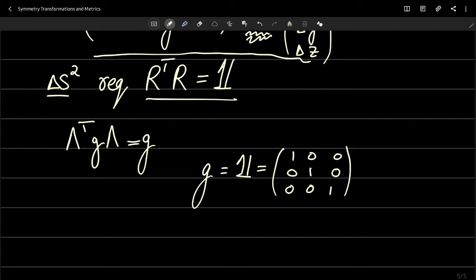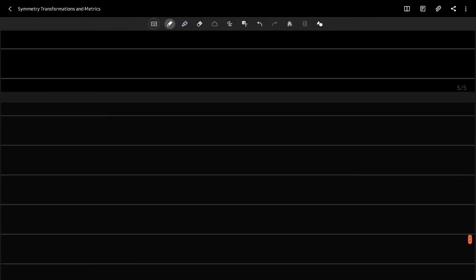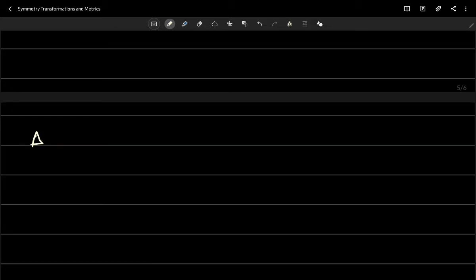Okay, so now we should understand the distance expression as, let me write this down over here, and in the next video I will use a smaller font.